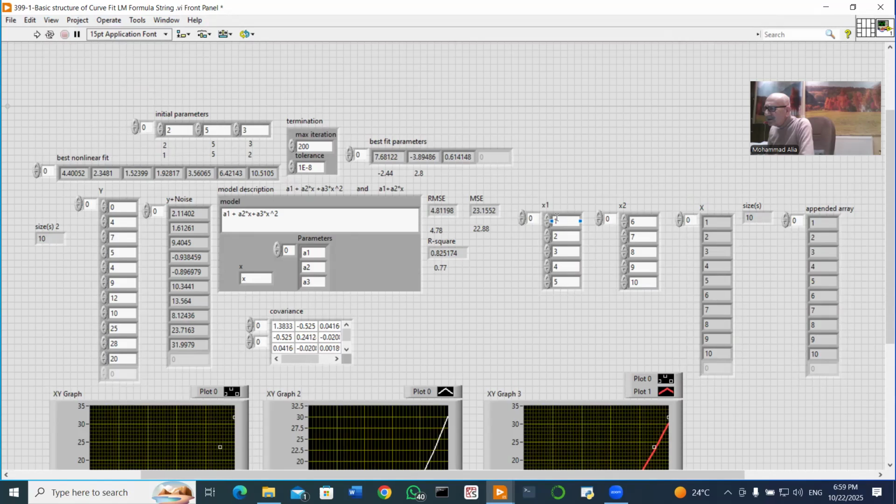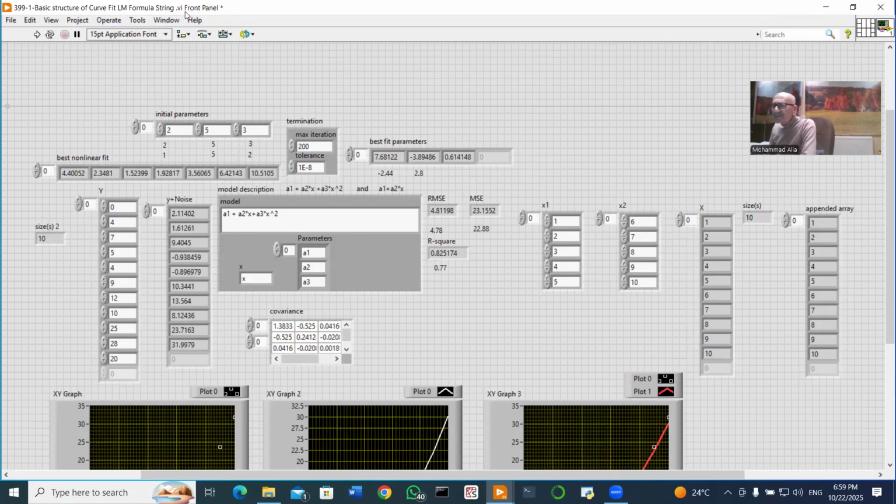So x1, as you see, is 1, 2, 3, 4, 5, a sequence of values. x2 is another sequence, 6, 7, 8, 9, 10. Now, if you concatenate x1 with x2, the new array begins from 1 ending with 5, and then directly it begins with 6 and continues up to the end of x2. So this is the concatenated x, or as it is shown here, the appended array.